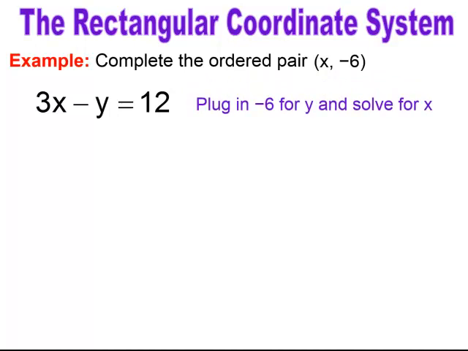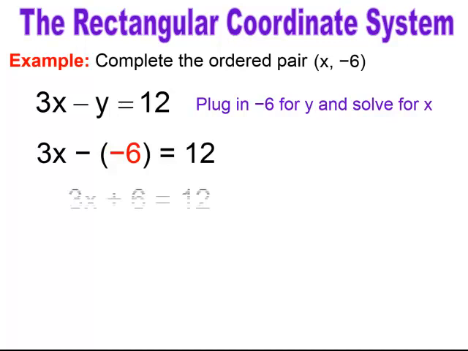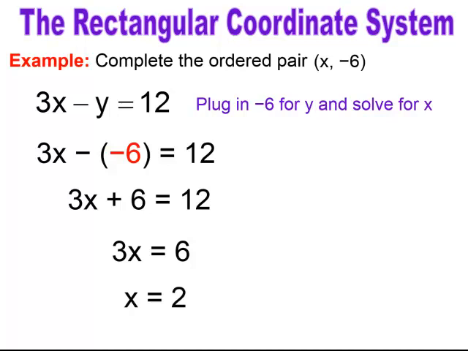Be careful because we have a -y, which is going to make a double negative since the value given is a -6. So that double negative will change to a plus, and then I have a two-step equation. In a two-step equation, you're going to subtract that 6 first, and then divide through by 3. And for this ordered pair, my x value would be 2 for this equation.